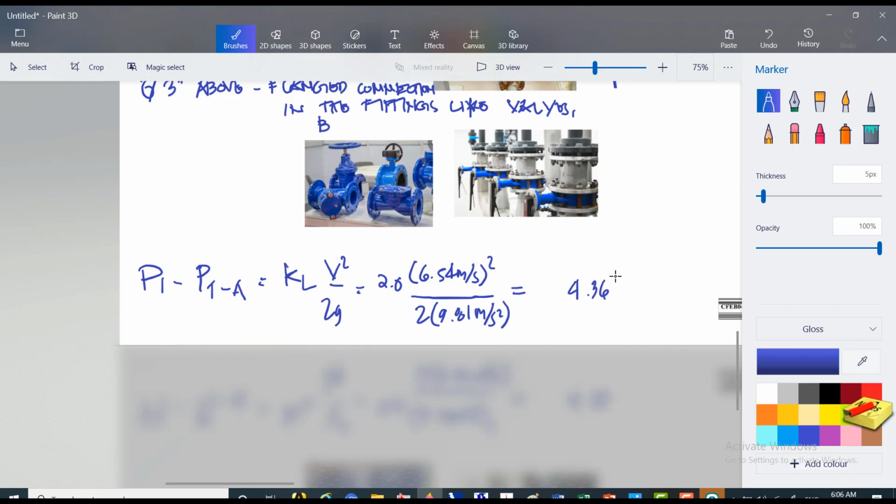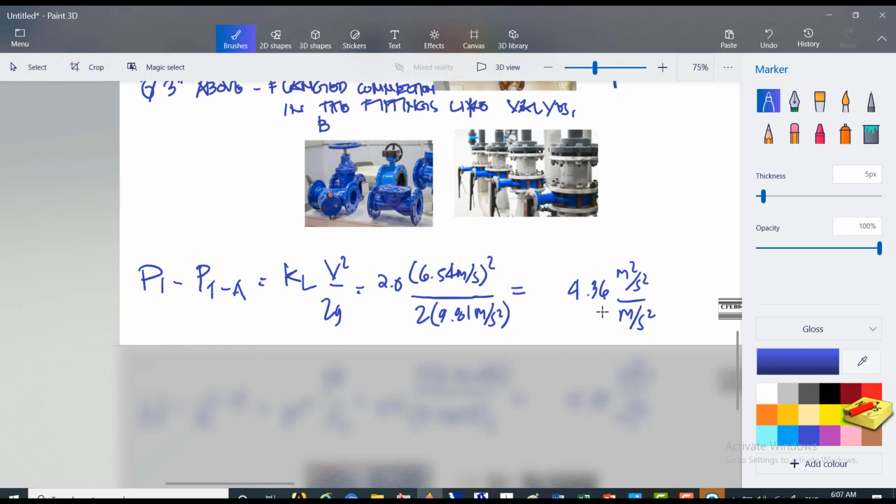So this is meter squared second squared divided by meter second squared. So take note, mapapansin nyo, hindi siya naka PSI, we need Newton per meter squared.